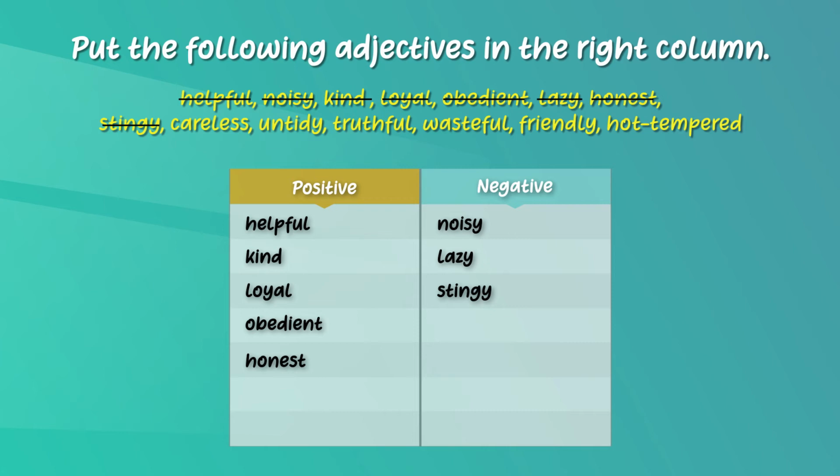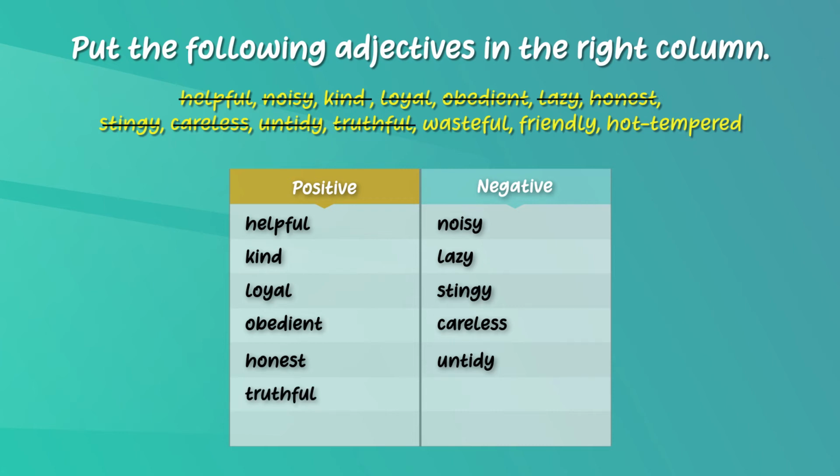Stingy means you are not willing to share anything with anybody. You are not ready to give. So it's a negative quality. Then careless? Yes, again negative. Untidy? A negative quality. What about the word truthful? Truthful is a positive quality, truthfulness.